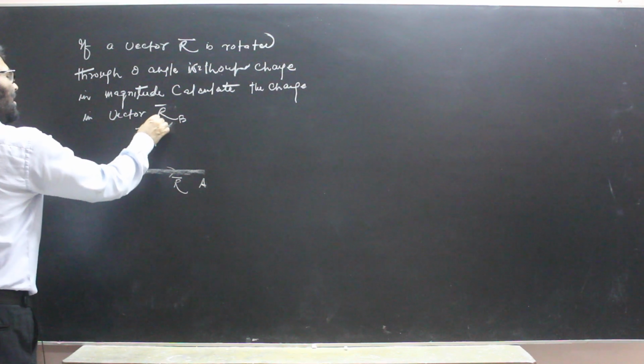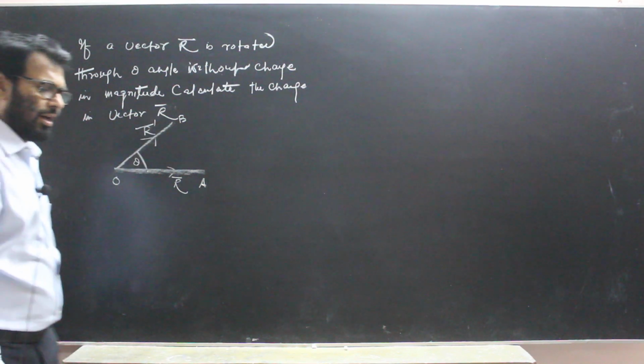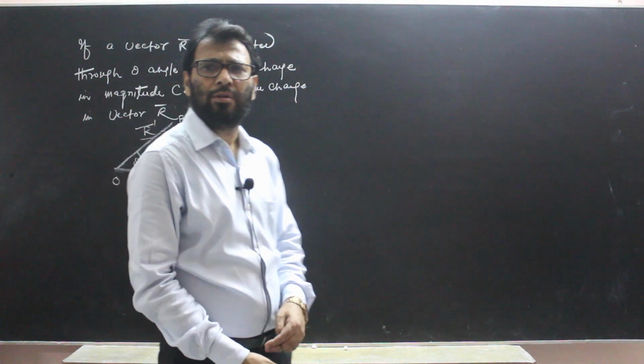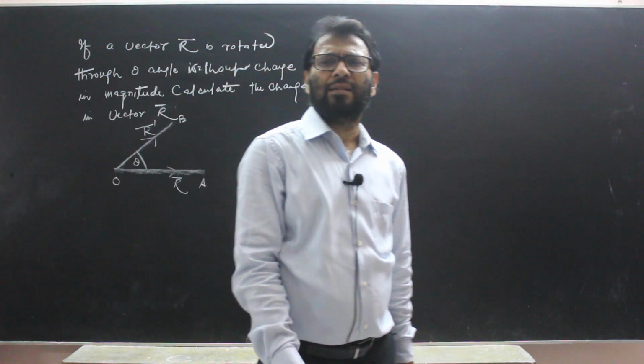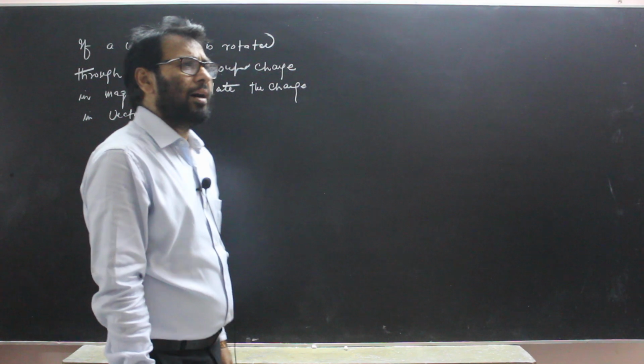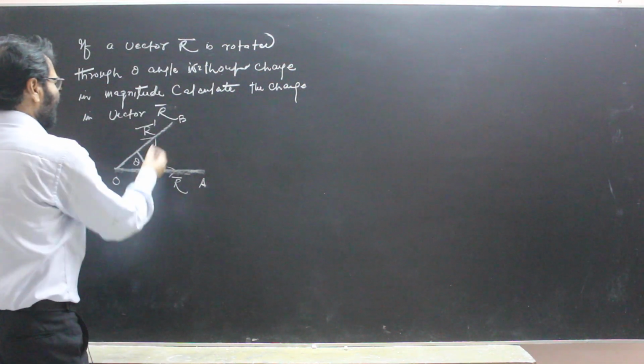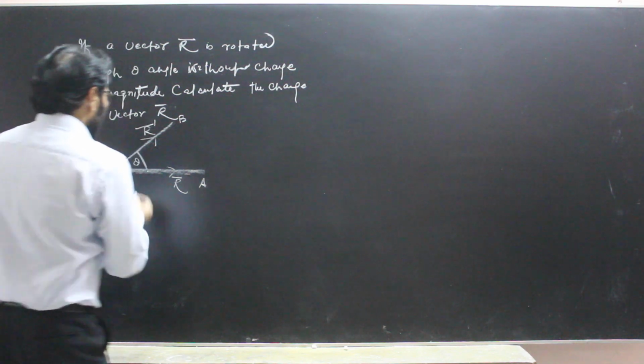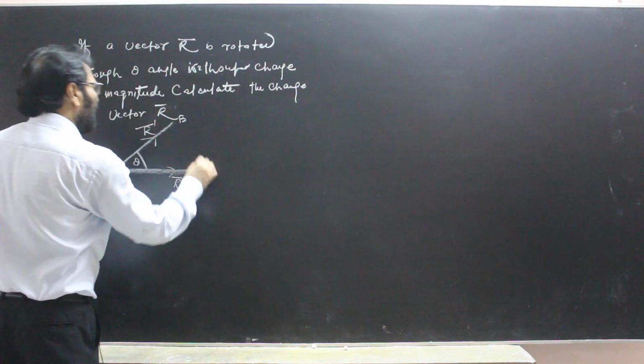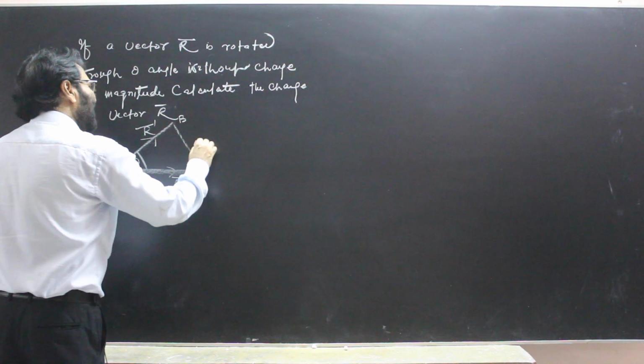So this vector is of course R dashed. Both R and R dashed have same magnitude, but their direction is different. That is why we call them R and R dashed. Now we are to calculate the change in vector. We can write R, and this is delta R.